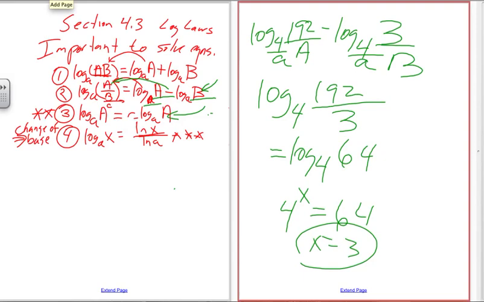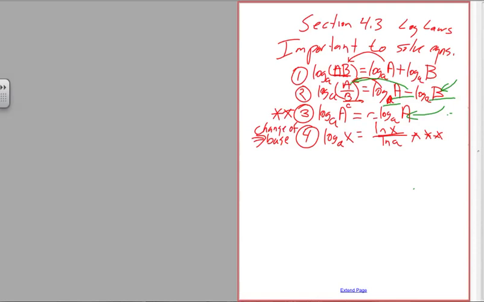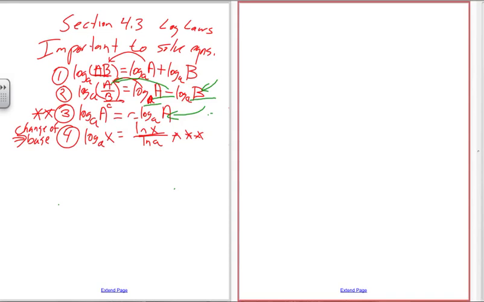Okay, let's take a look at two more here. Your directions here are to expand. The previous ones were to evaluate, where you actually had to solve them. This one is to expand, and they give you log base 2 of AB squared.